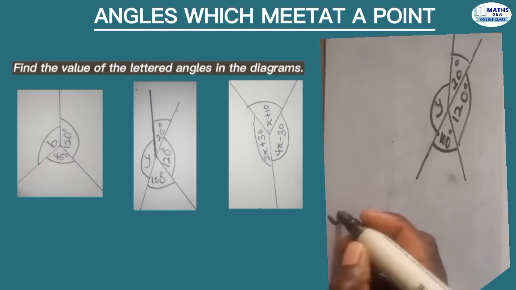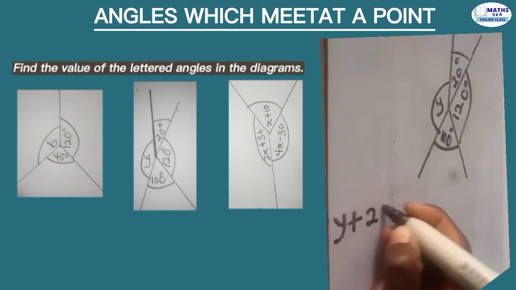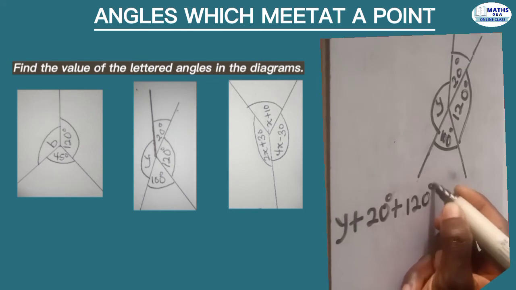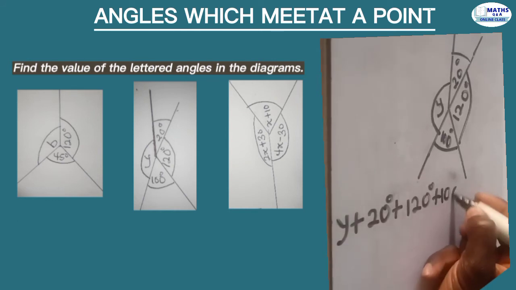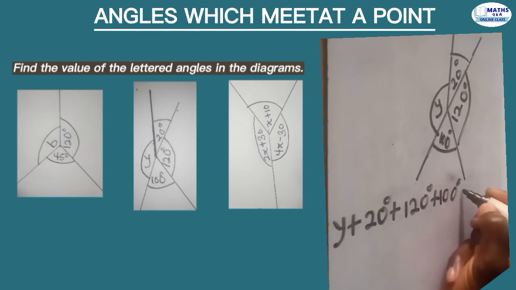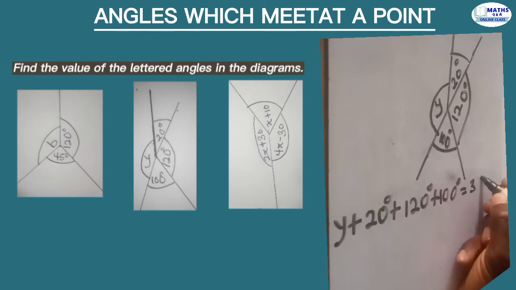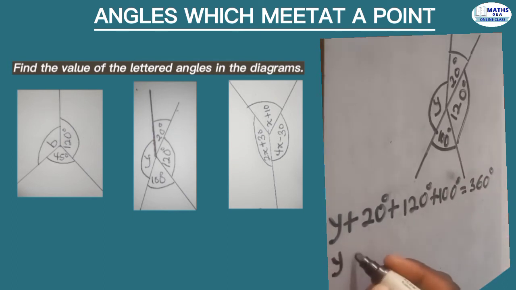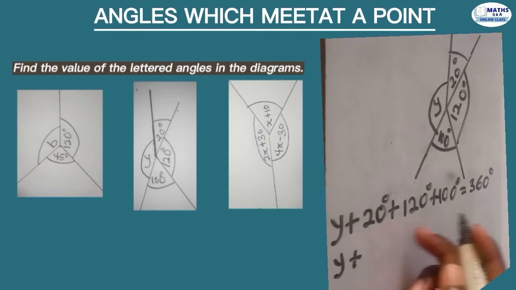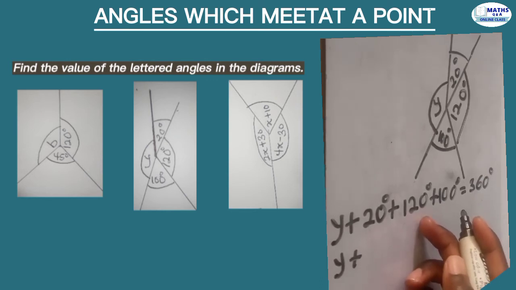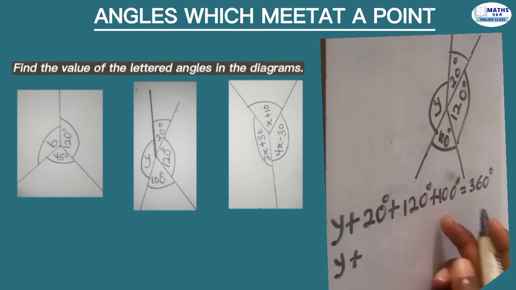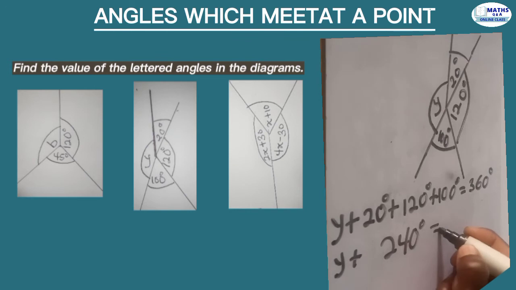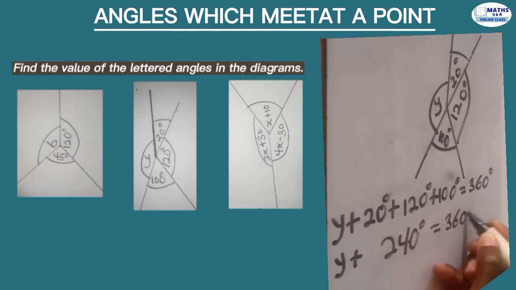We write Y plus the 20 degrees plus 120 degrees plus 100 degrees, and all of them is equated to what? 360 degrees. Now Y plus 20 degrees plus 120 degrees plus 100 degrees give us what? 240 degrees, and that one is equal to 360 degrees.